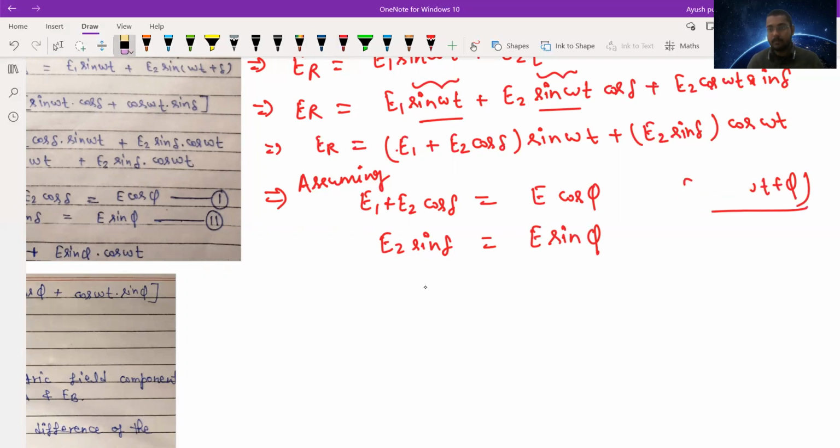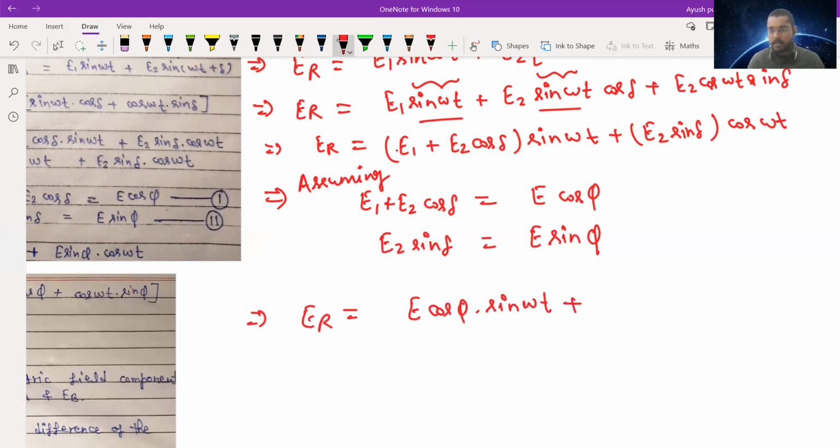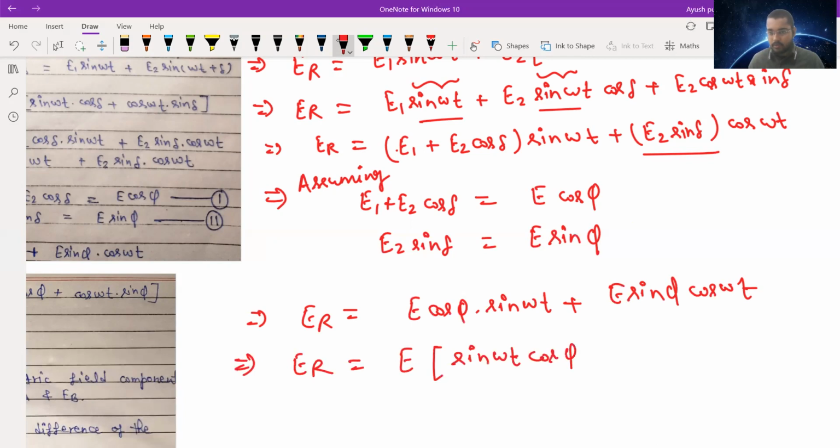Now let's write the resultant wave equation. ER can be written with E1 plus E2 cos delta as E cos phi times sine omega t, plus E2 sine delta as E sine phi times cos omega t. Now let's take E common. We are left with sine omega t cos phi plus cos omega t sine phi.